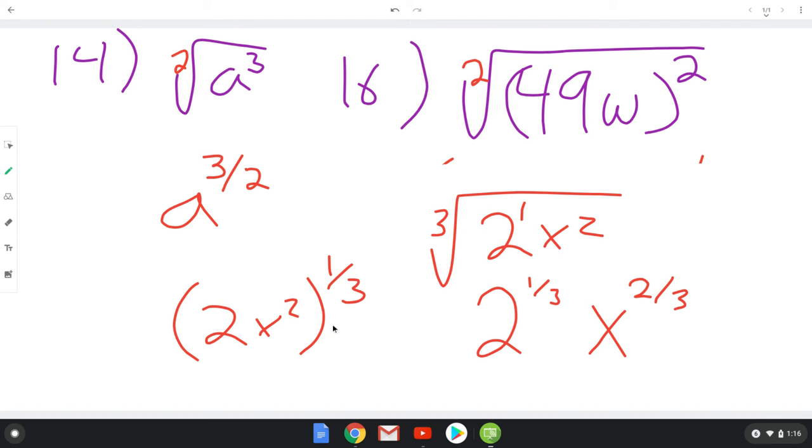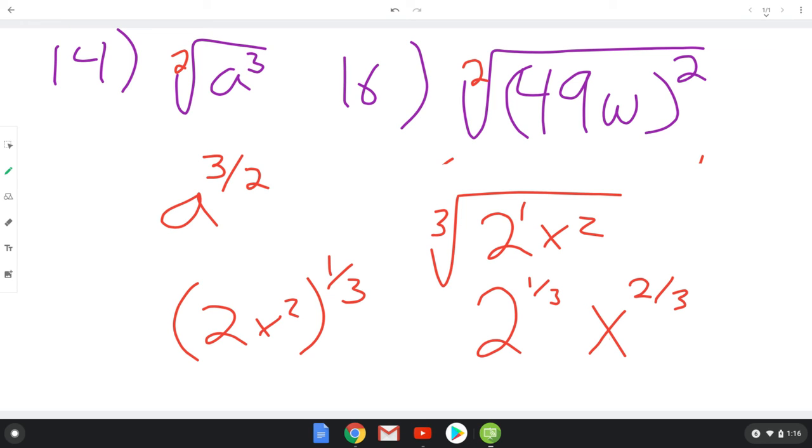You need to be aware that you're distributing it to 2 separate things if they're not already in parentheses. And even if they are in parentheses, once we had changed this into exponential form, if the 2's hadn't canceled, we would have needed to distribute it after. But the 2's canceled, so we didn't have to do that. You always want to distribute it so that you don't have parentheses, just so that you know that it's in the most simplified form.